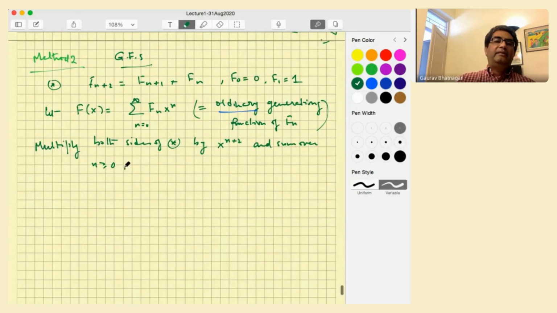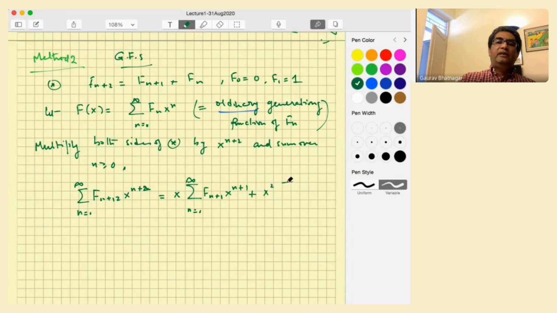And we get, on this side, the summation of f(n+2) x to the n plus 2, n going from 0 to infinity, and here we get x times f(n+1) x raised to n plus 1, n going from 0 to infinity, and here we get x squared times the summation of fn x to the n. Okay, this is what we needed. So this part is easy. This is x squared times f of x.